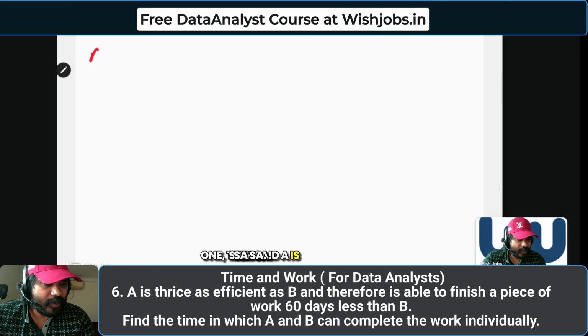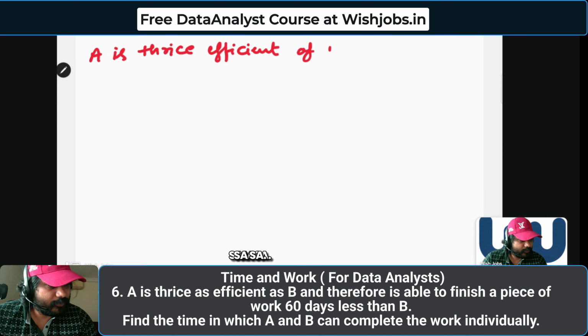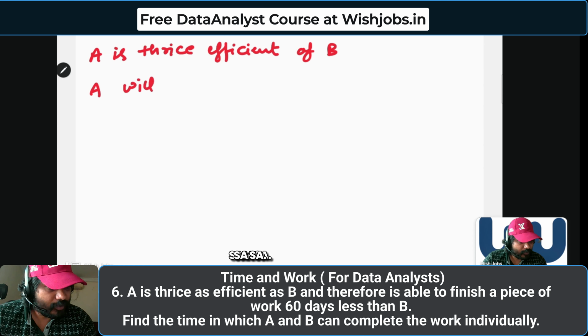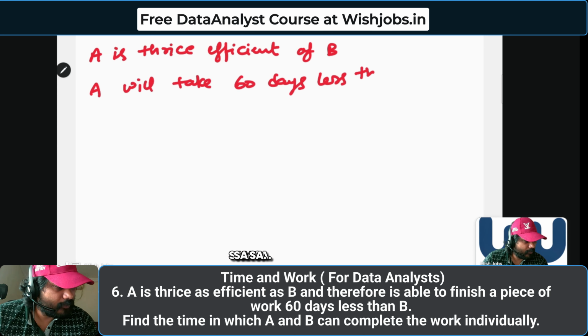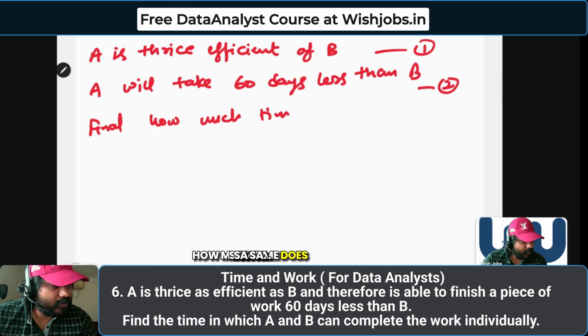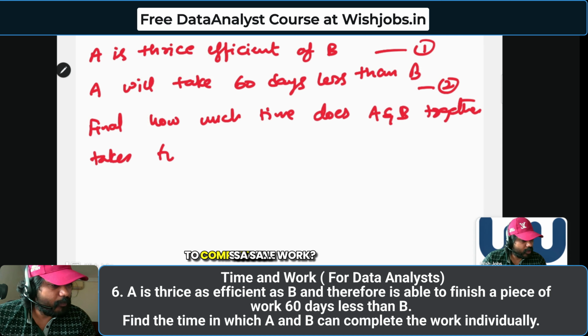One, they said A is thrice as efficient as B. And he also told A will take 60 days less than B. This is the first statement, this is the second statement, and the final thing we need to find out is how much time A and B together take to complete the work.